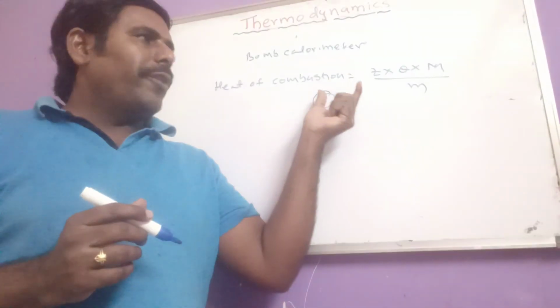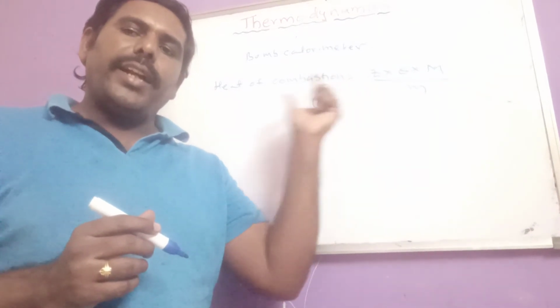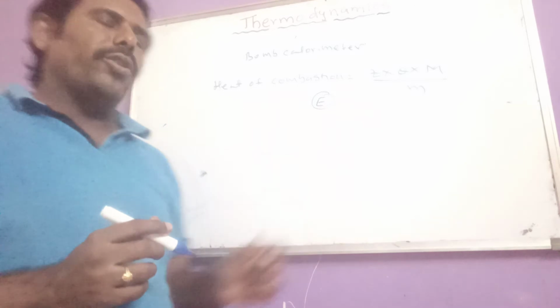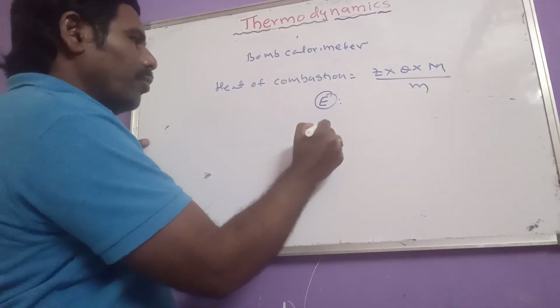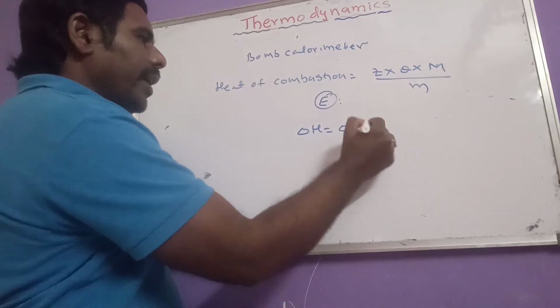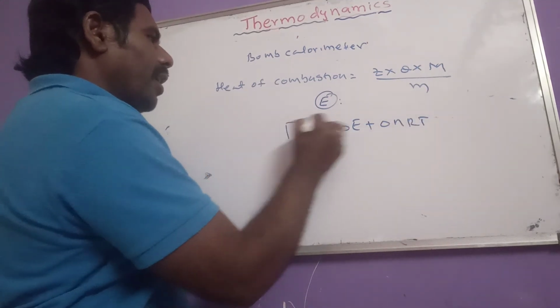So if we want to calculate enthalpy for this reaction using a bomb calorimeter, we have to move towards delta H equals delta E plus delta nRT.